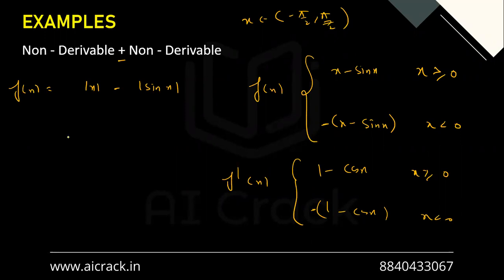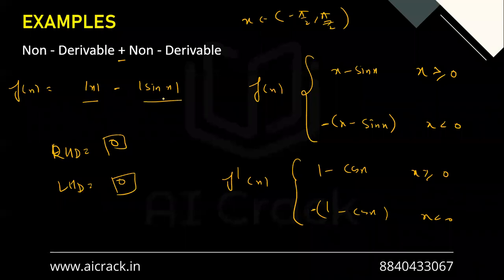Now we have to just find LHD and RHD. For RHD, right hand derivative, we'll be using this function. Again, that would come out to be 0. So basically RHD is nothing but 0, and LHD is also 0. So we can clearly see that over here, this function was non-differentiable, this function was non-differentiable, but the outcome, the summation or the subtraction, came out to be differentiable.